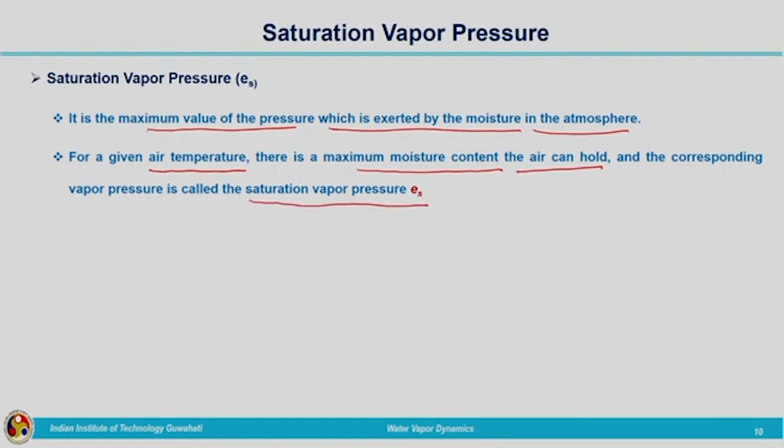In the air, there is a certain amount of water vapor present. As the temperature changes, the evaporation changes, and you have some idea of these details. In a similar way, the amount of water vapor present in the atmosphere also varies from time to time. So there is a capacity to hold a maximum amount of water vapor in the air.